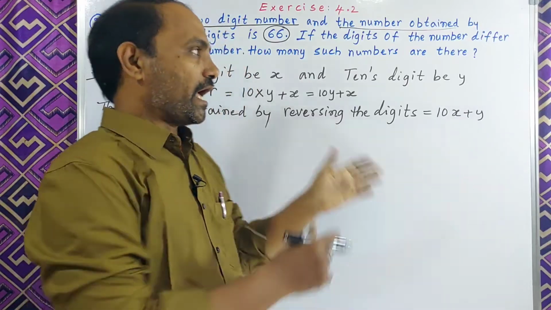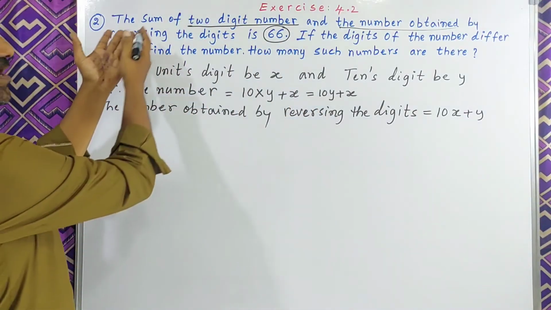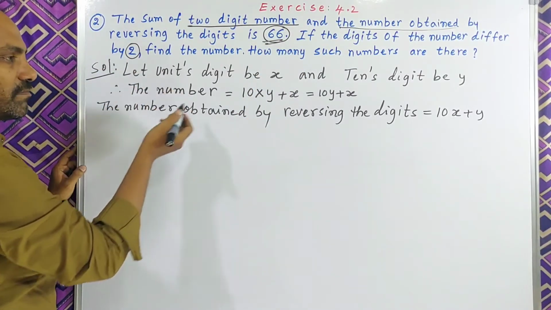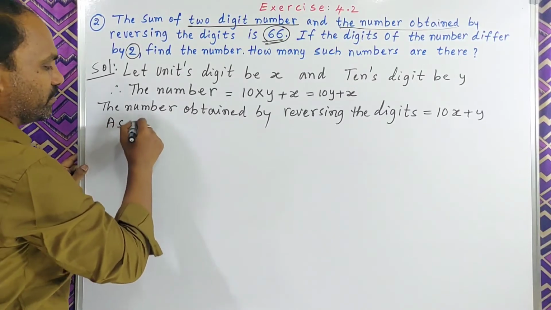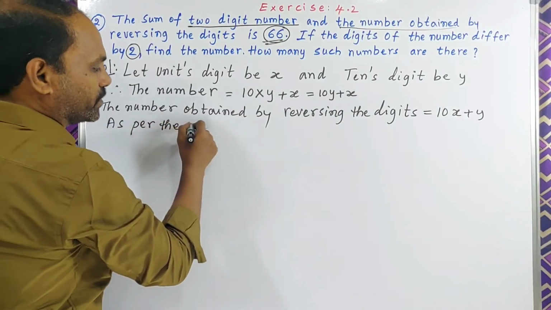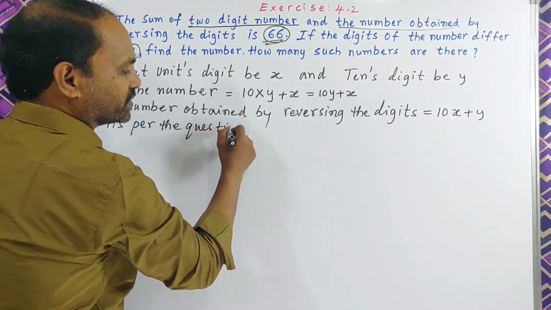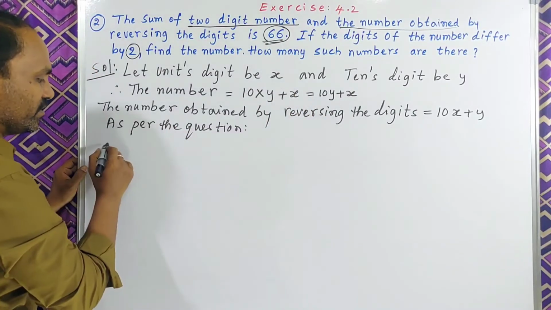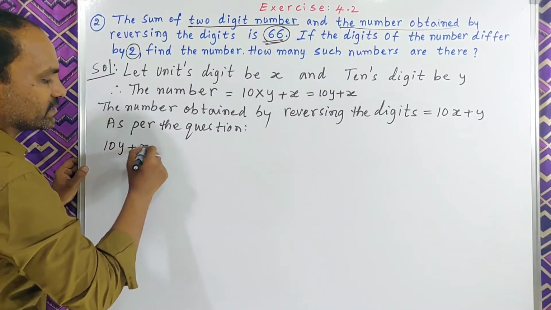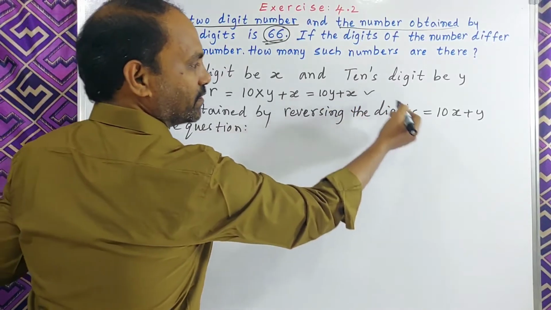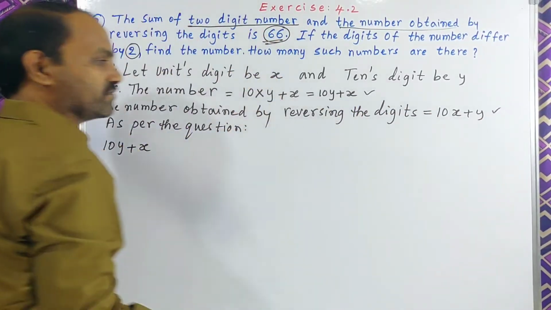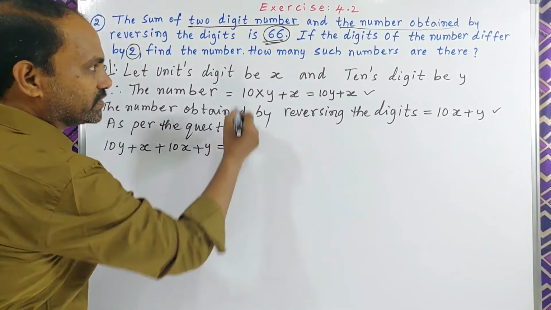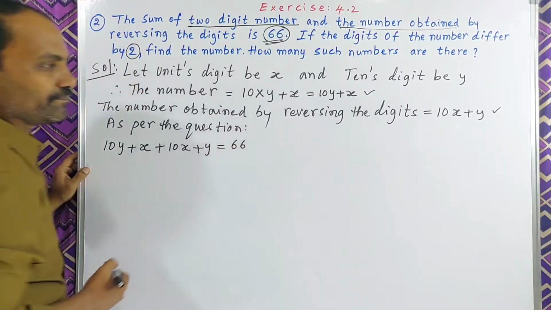As per the question, the sum of these two numbers is 66. That's why 10y plus x, the first number, plus 10x plus y, the second number, is equal to 66.